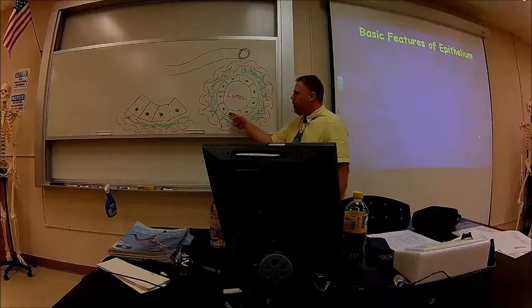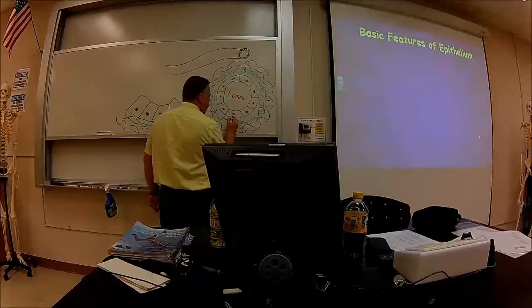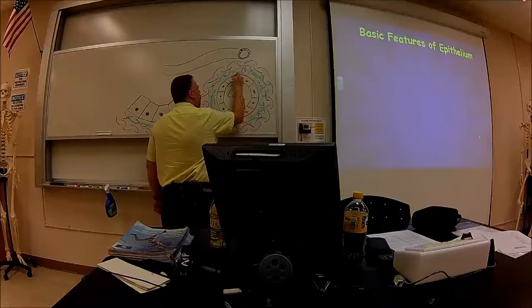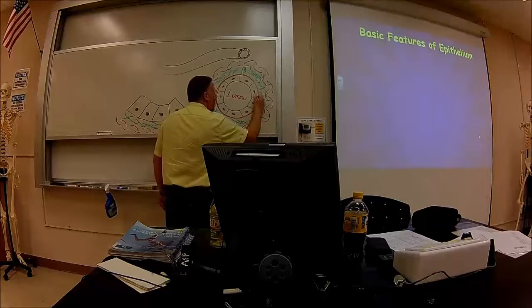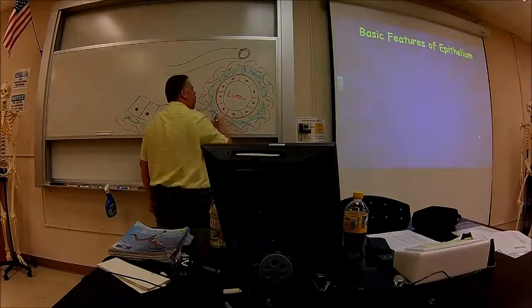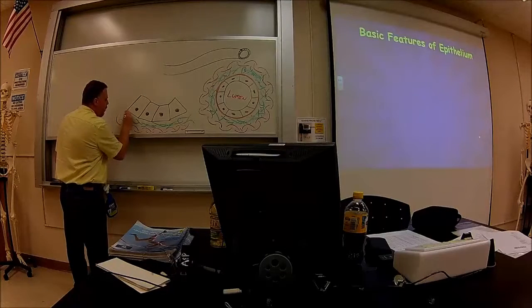In between the epithelial tissue and the connective tissue, that's where we're going to have our basement membrane. This orange line that I'm drawing here is the basement membrane. Epithelial tissue, at least the lowest layer of epithelial tissue, is going to be attached to this basement membrane.